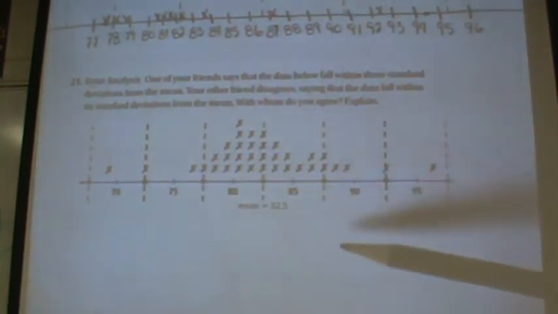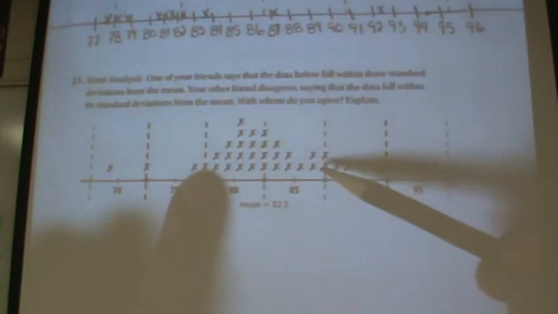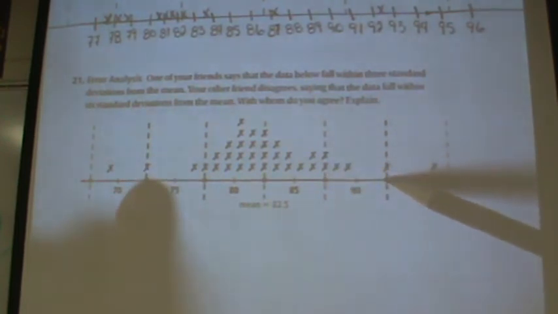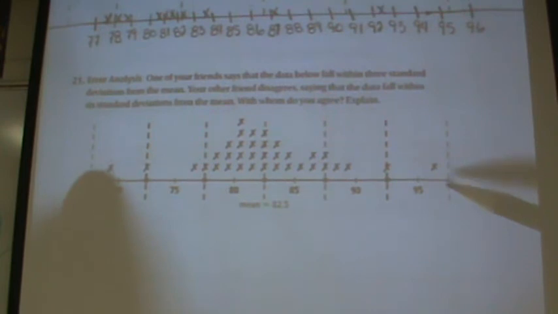So looking at our graph, our mean is right here, and we have deviations to the left and right. Now, this is important because we need to remember that a standard deviation from the mean goes from the left and the right. So this is 1 deviation, this is 2 deviations, and then a 3rd deviation.